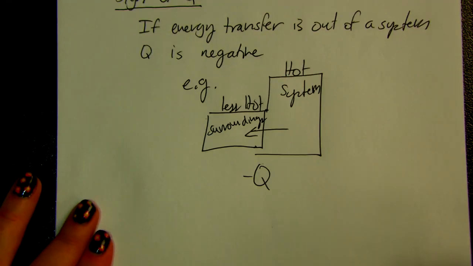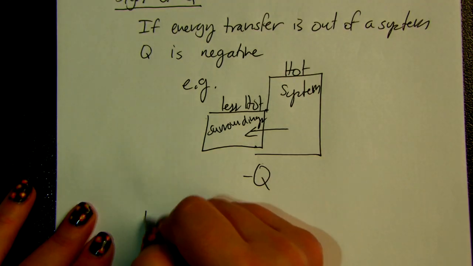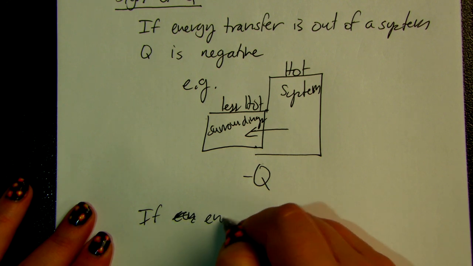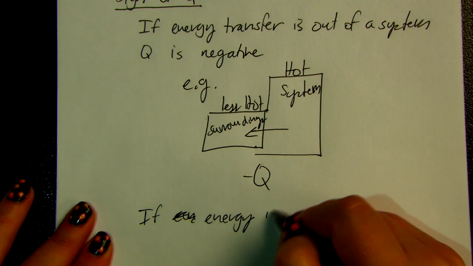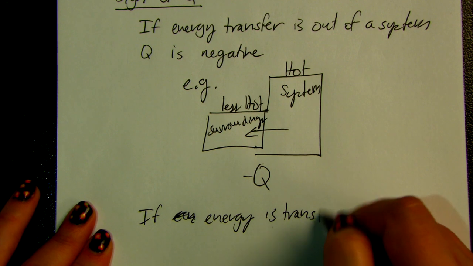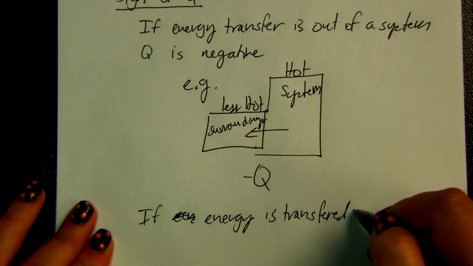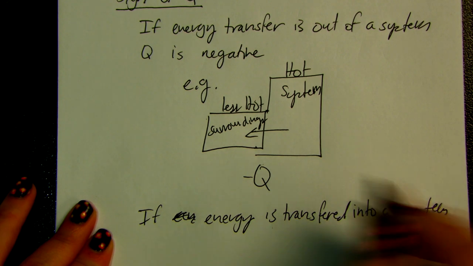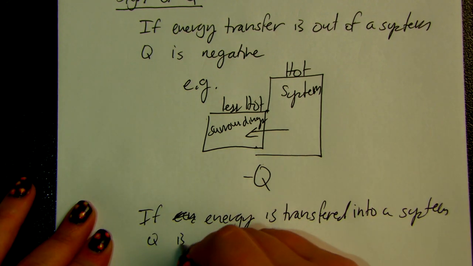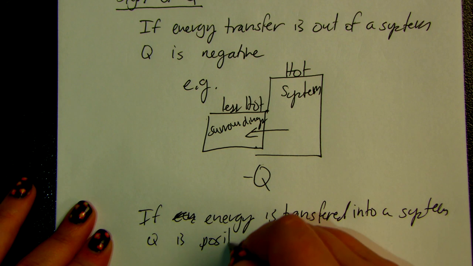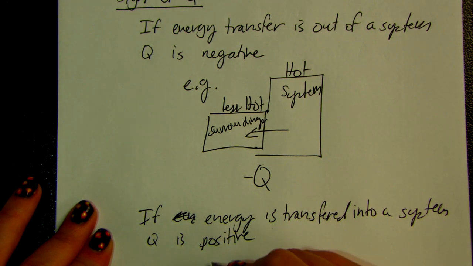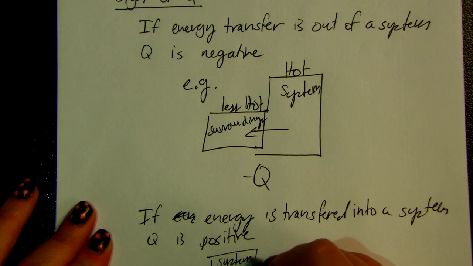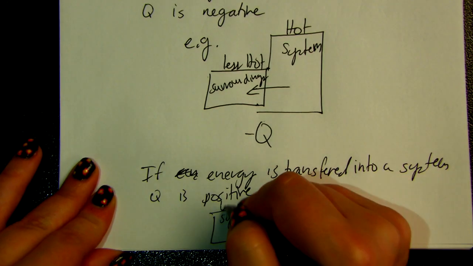All right, so if energy is transferred into a system, Q is positive. So in this case, we could say this one is our system. It is less hot.